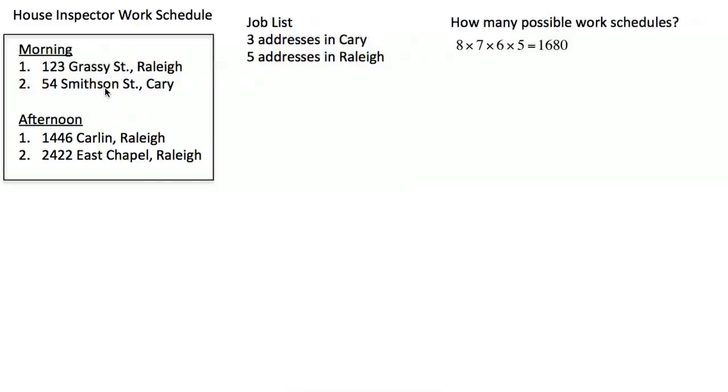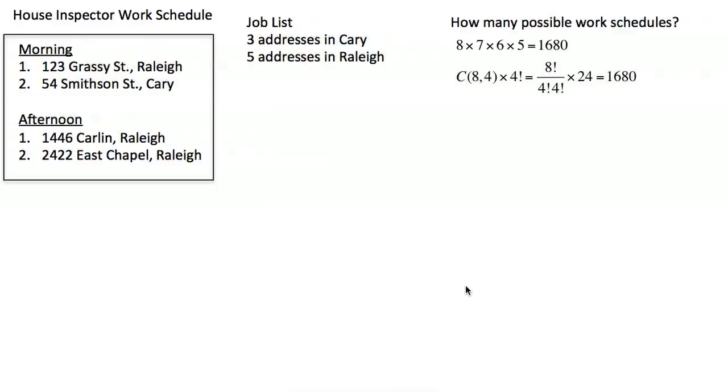Then having made that decision, 7 choices for the second morning inspection, 6 for the first afternoon, and 5 for the second afternoon. So from the multiplication principle, that gives us 8 times 7 times 6 times 5 possible ways to make out a work schedule, 1,680.